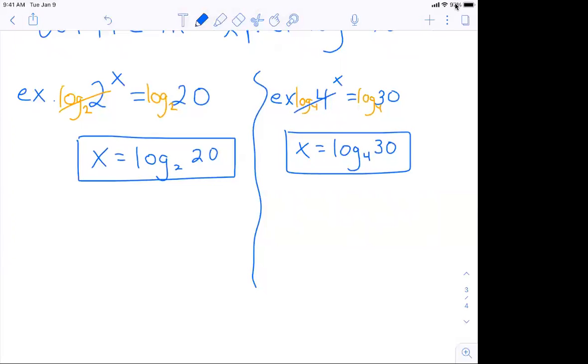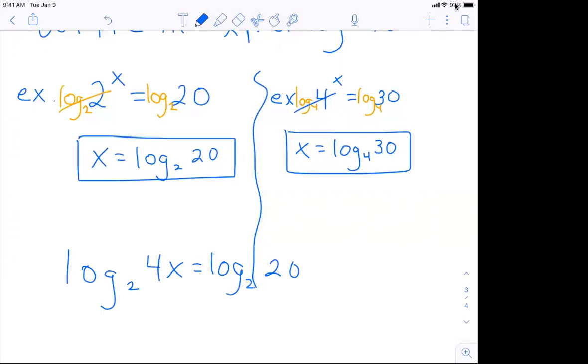Okay, so that answered one of my questions. And then the one that I was trying to ask, so what if it's like log base 2, 4x equals log base 2, 20? Because you wouldn't be able to cancel. Yeah, you're getting ahead of it, but it's a really good question.